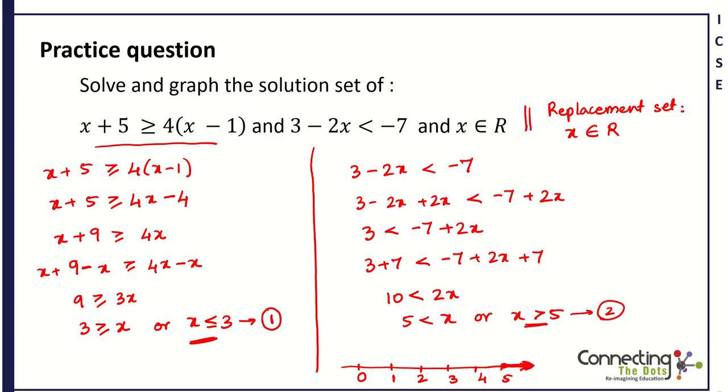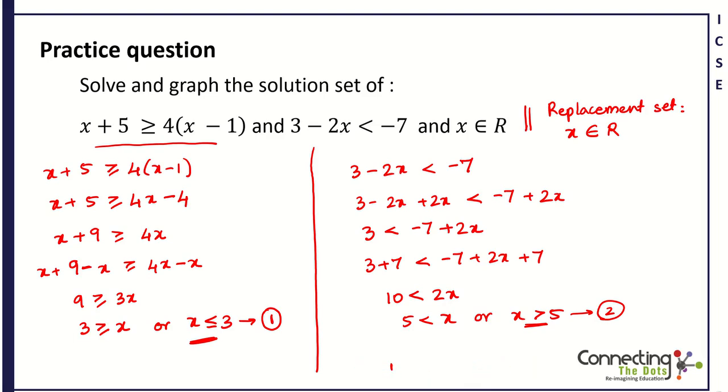It has to be somewhere on this side of the number line. And the first condition, x is less than or equal to 3, says that x has to be somewhere on this side of the number line. Now, can you find values of x which satisfy both conditions? You cannot. How can it be more than 5 as well as less than 3? So that is not possible. So this solution does not exist.